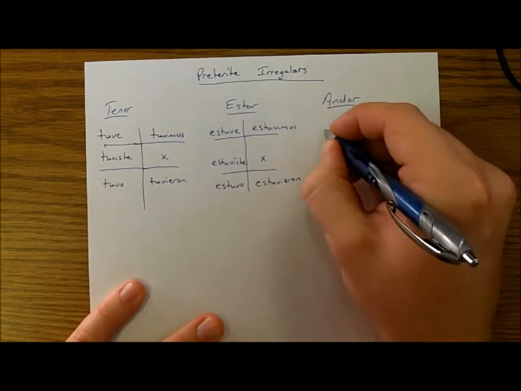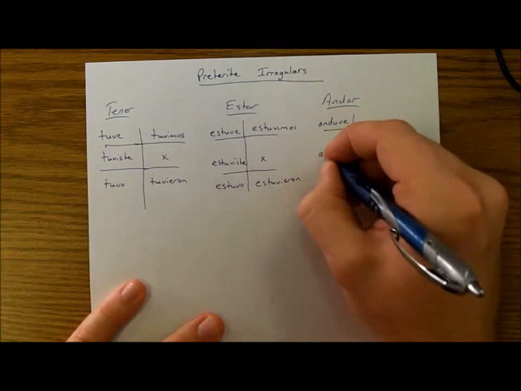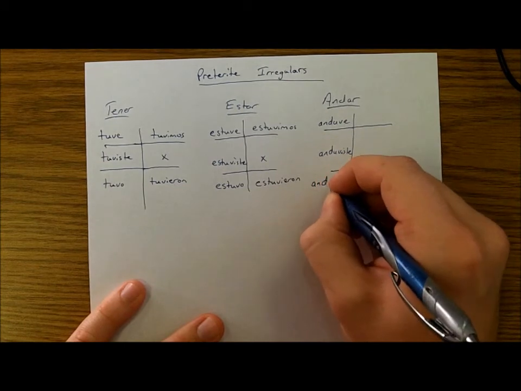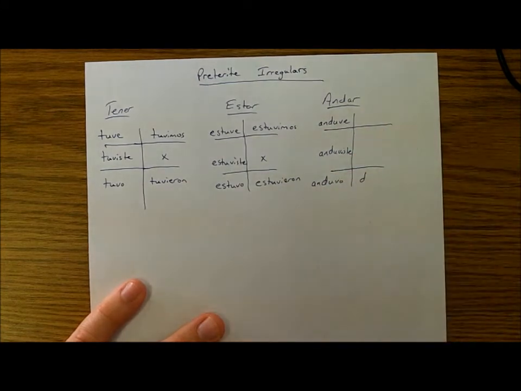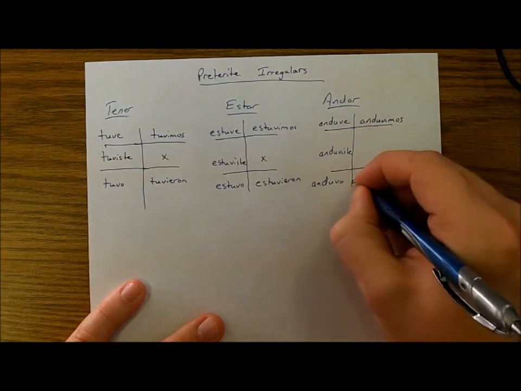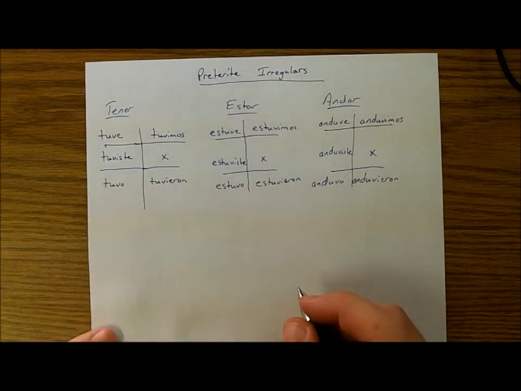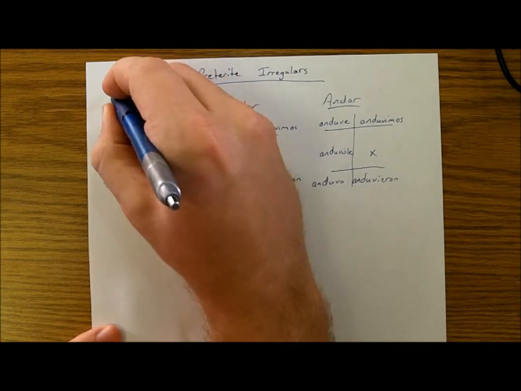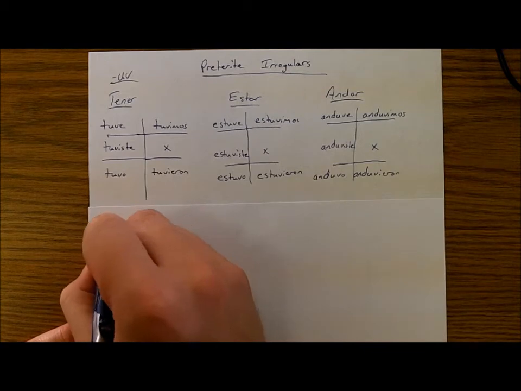And for andar, anduve, anduviste, anduvo, anduvimos, anduvieron. Okay, so these all have UV. The next category that we have are verbs that have an i in the stem.